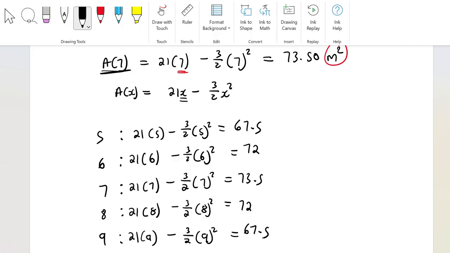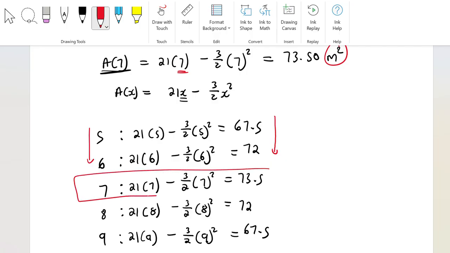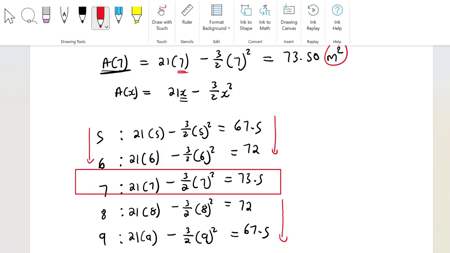Well, now, what do you observe here? The area is increasing as you move from 5 to 6. But when you get to 7, it reaches a value of 73.5. From there, it starts decreasing again. Well, if you were to plot this on the graph, this is what you will do.